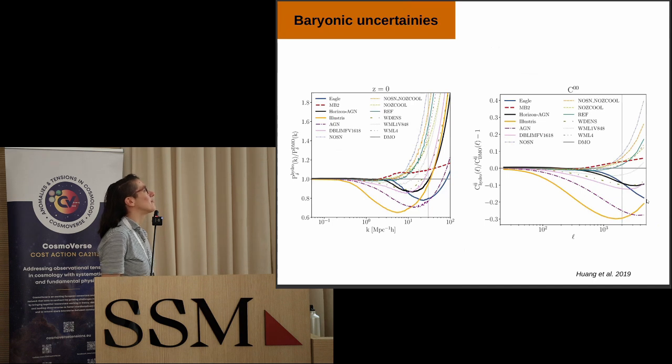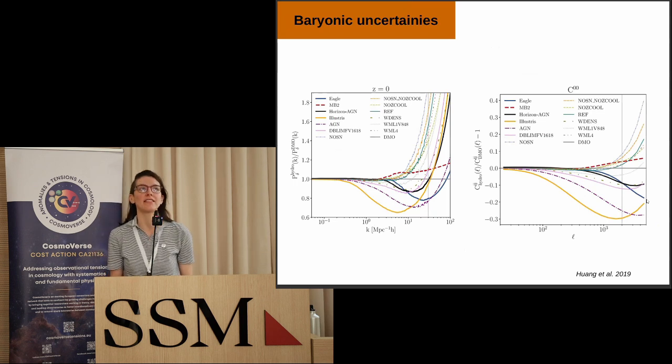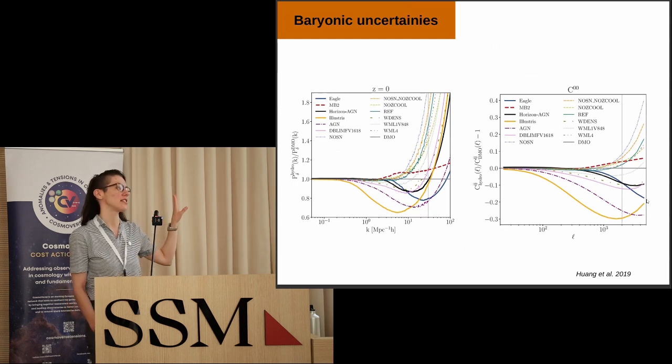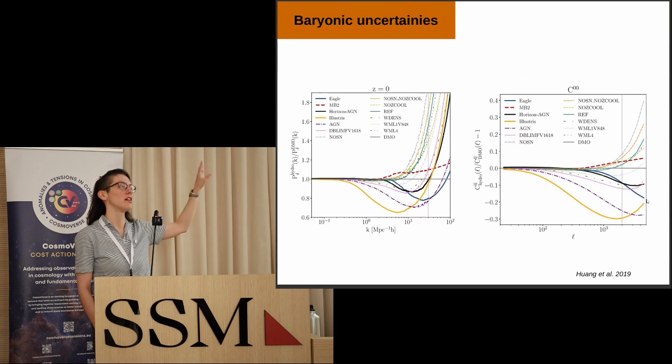The third of the 4 topics I'll briefly overview is baryonic uncertainties. So what I mean when I say baryonic uncertainties is the fact that, at the beginning, when we saw those grayed out regions at the small scales, we had cut these small scales largely due to uncertainties in baryonic modeling.